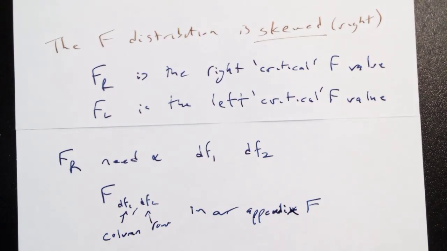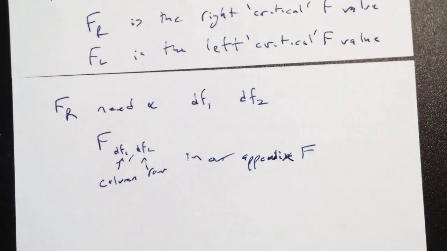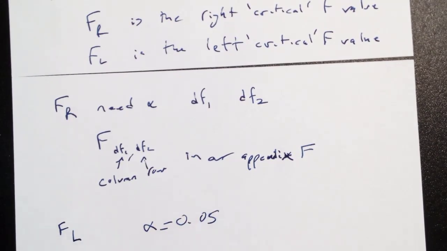So, for example, I'm going to do a calculation with alpha being 0.05.